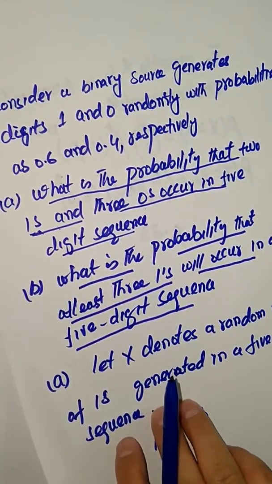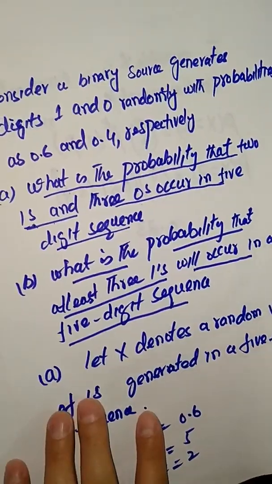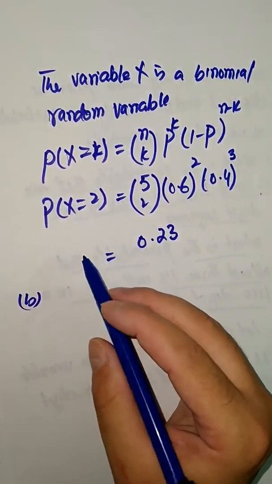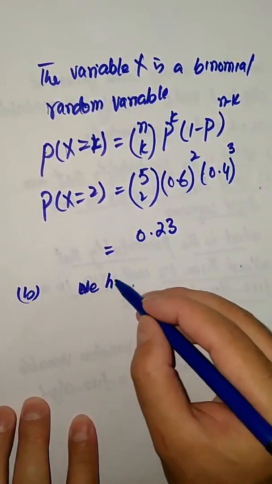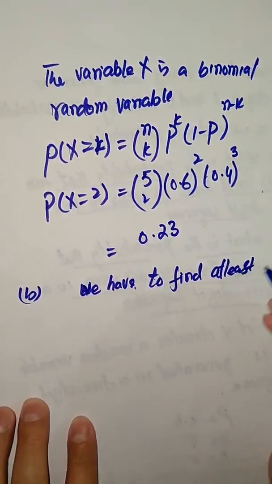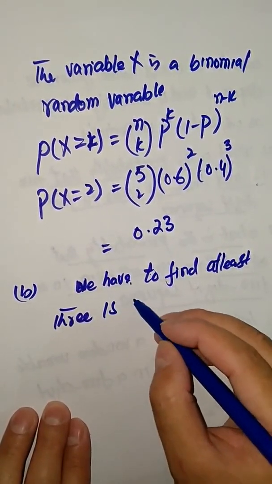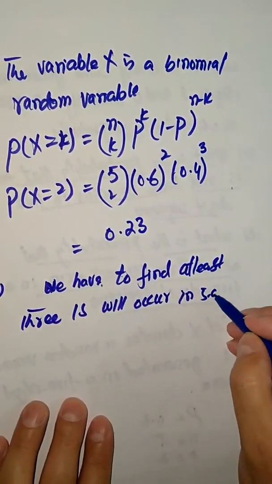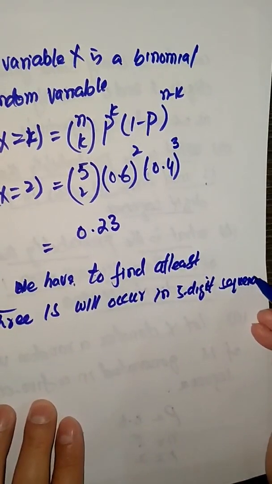So in the B part we have to find at least 3 ones will occur in a 5-digit sequence.